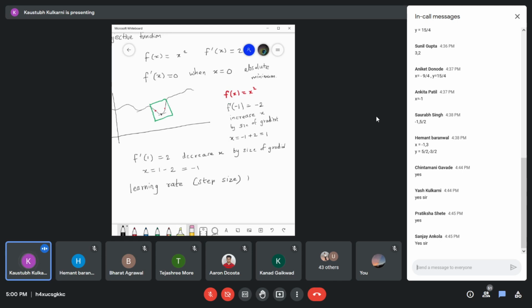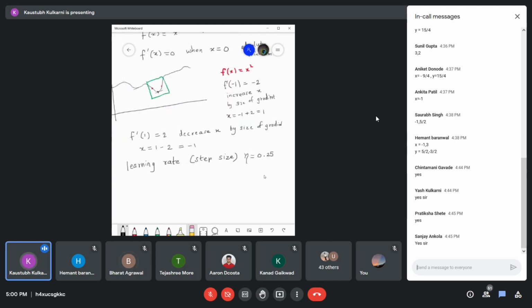It is indicated by eta, n with an extended line like this. So eta, let's say, is equal to 0.25. We use the step size 0.25. So now we'll not add or subtract the gradient directly. We'll multiply the gradient by this step size, by this learning rate first.